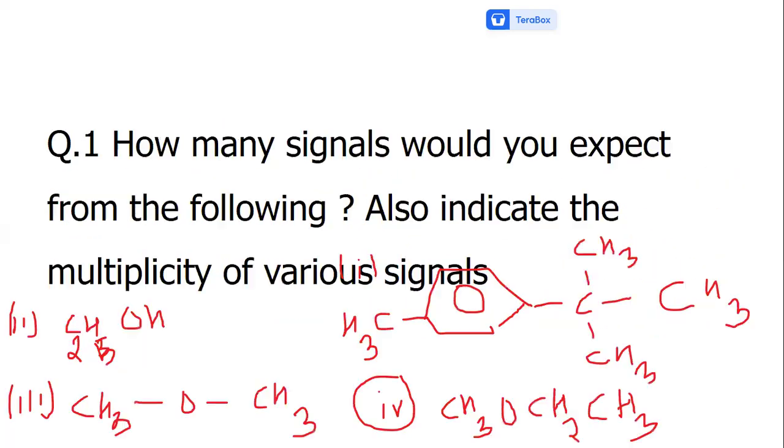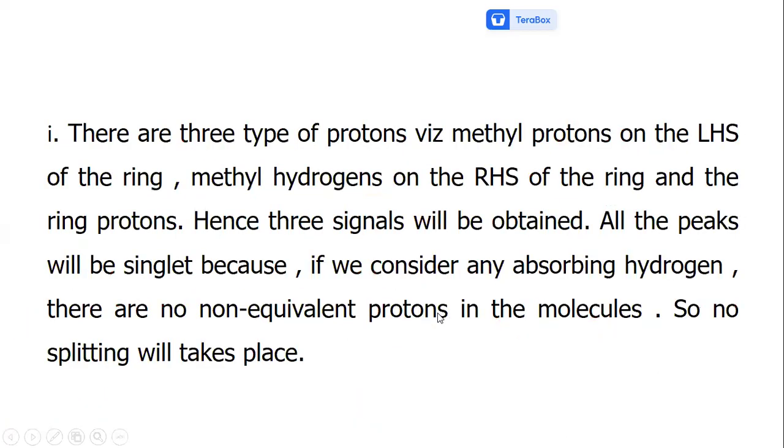Second, first is this example. There are three types of protons: methyl protons on the left hand side of the ring, methyl hydrogens on the right hand side of the ring, and the ring protons.